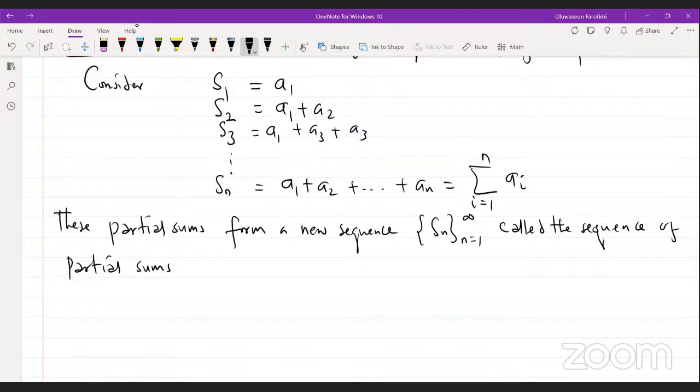And we can write the sum from i from 1 to infinity as the limit as n goes large of Sn. Okay, so let me box this.